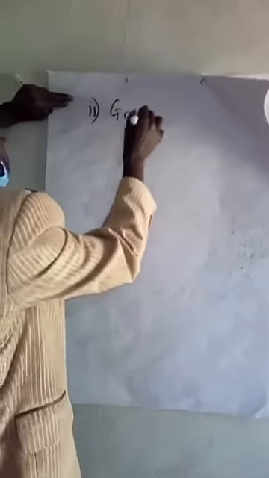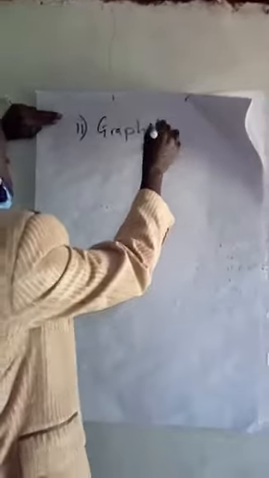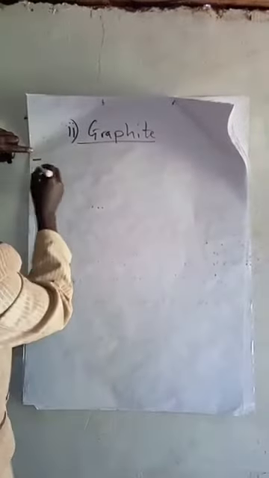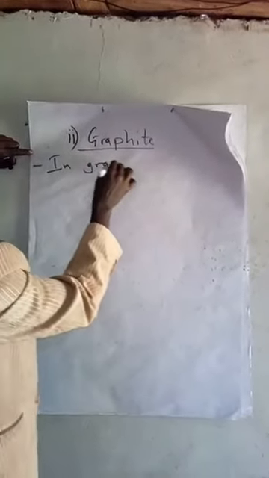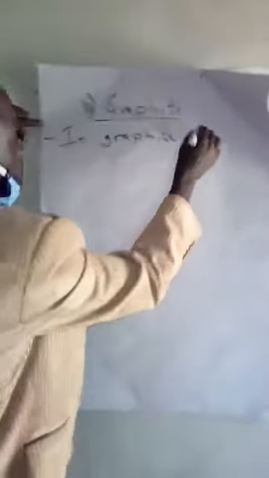Graphite, number 2, is another allotrope of carbon.